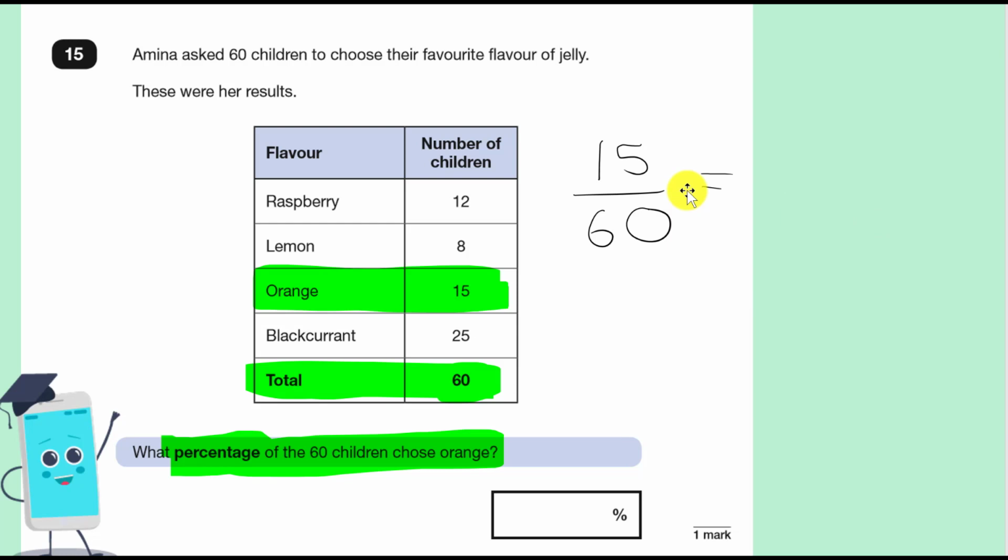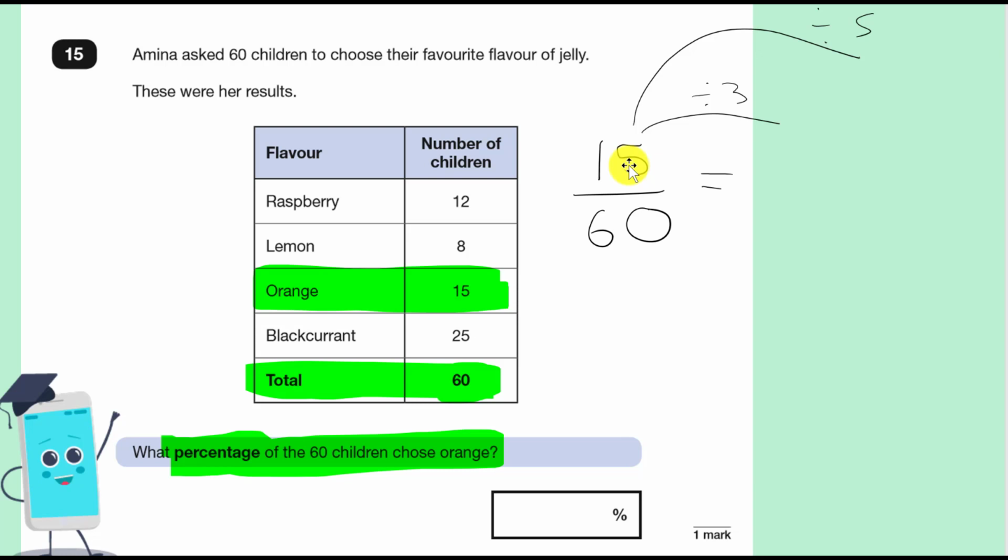So we might want to scale down first. So if I look at my 15, I want to think about what factors it has. Now it has the factor 3 and it also has the factor 5. So we could divide it by 3 or divide it by 5.